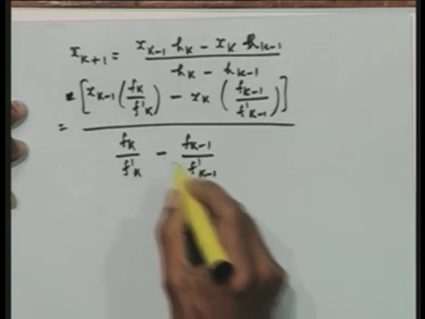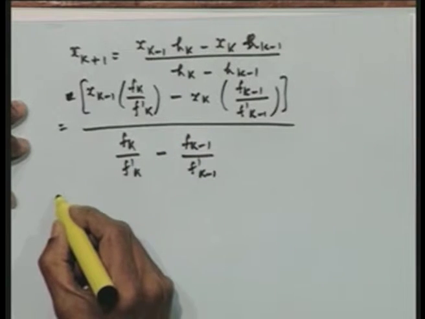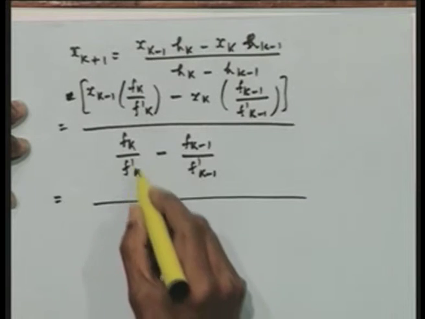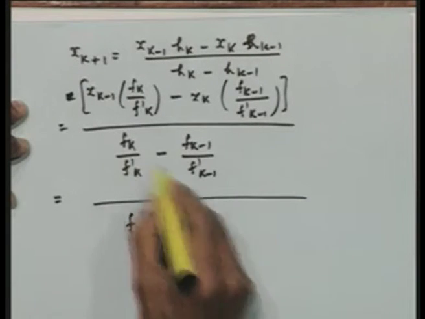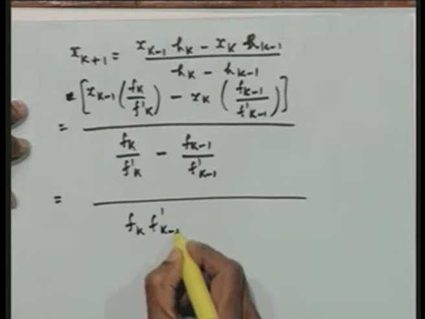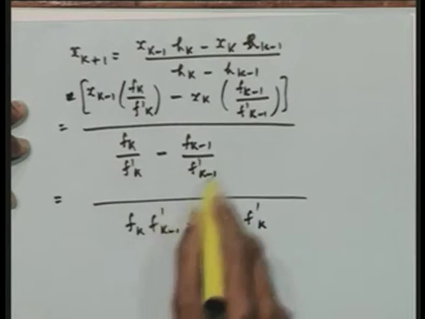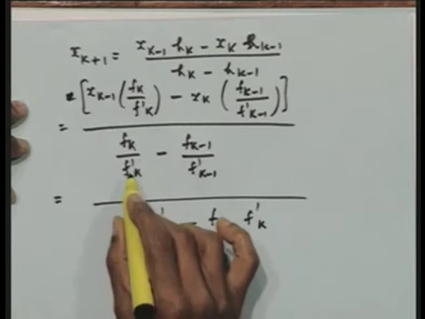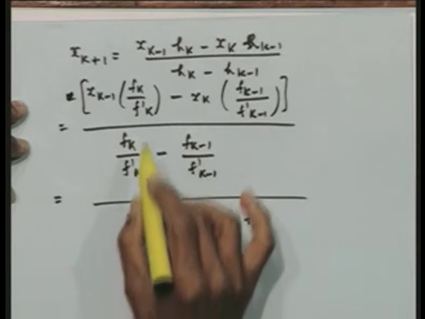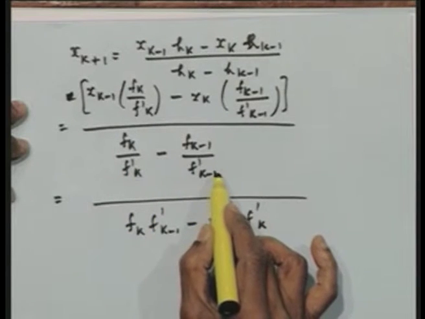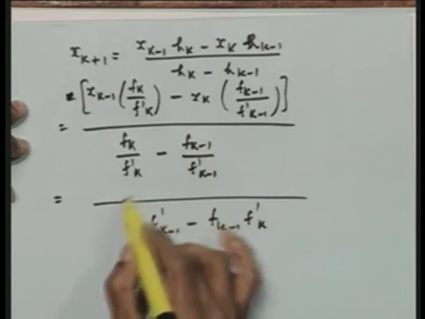Now, it is just a matter of simplification. From the denominator, first of all, we can write this as f k into f prime k minus 1 minus f k minus 1 f prime of k. So, I first simplified the denominator. In the numerator, we can see f prime k minus 1 cancels with the f prime k factor, so I would not repeat that particular factor.